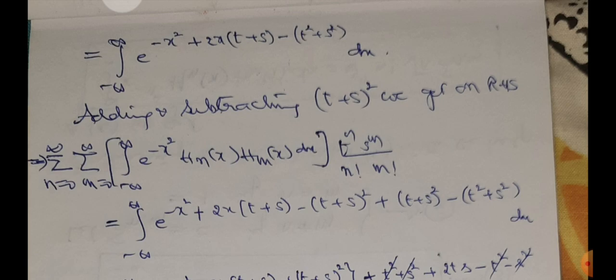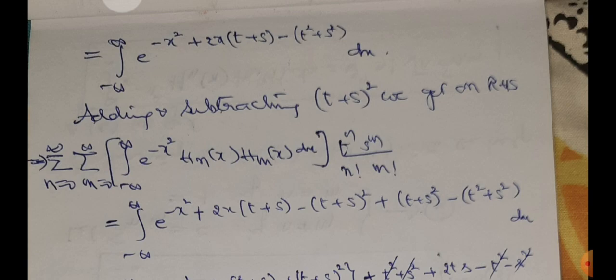Now adding and subtracting t plus s whole square on the right hand side, we get the double summation, n running from 0 to infinity and m running from 0 to infinity, of the integral from minus infinity to plus infinity of e power minus x square Hn of x into Hm of x dx, times t power n into s power m divided by n factorial into m factorial.